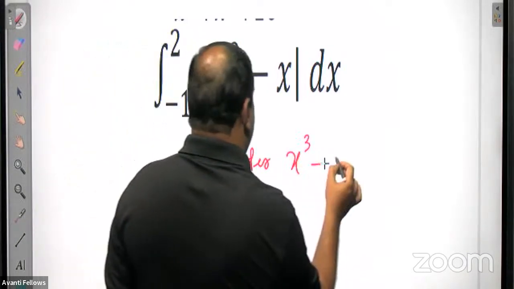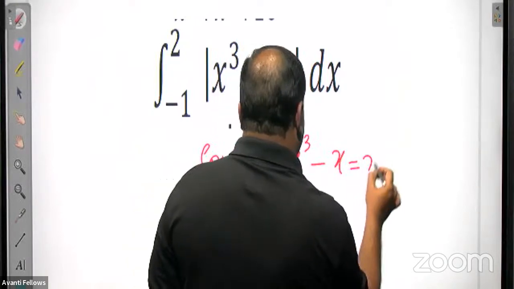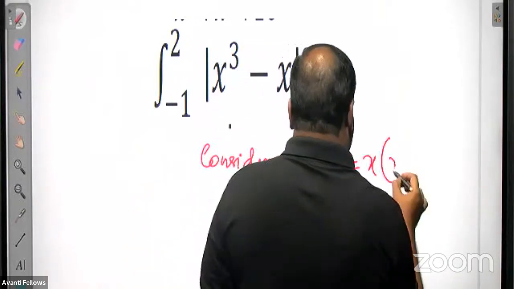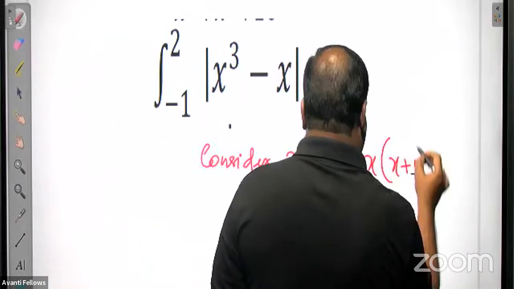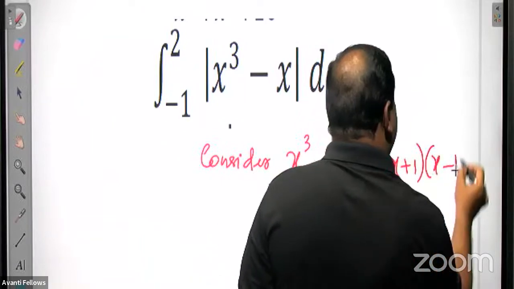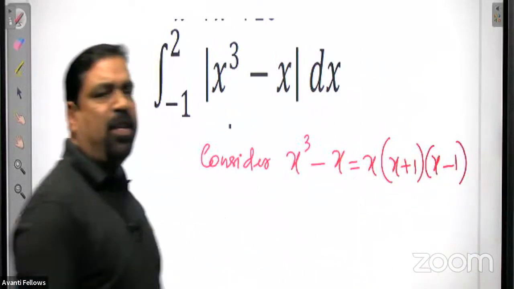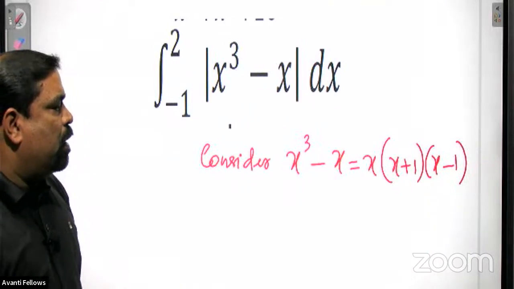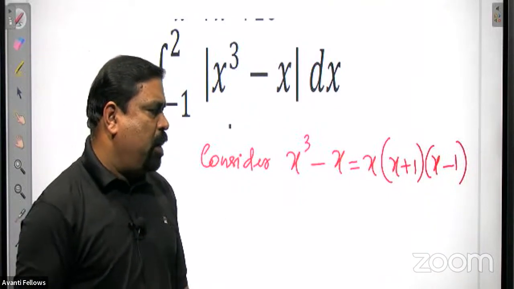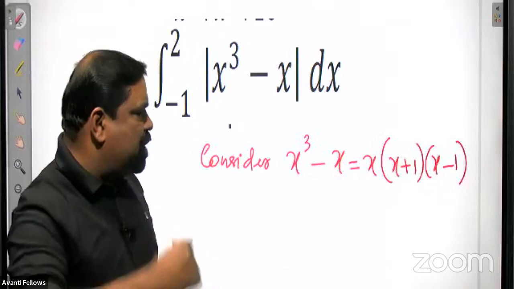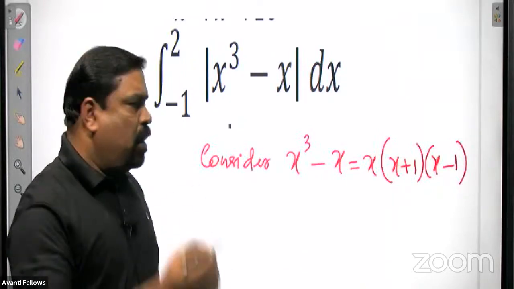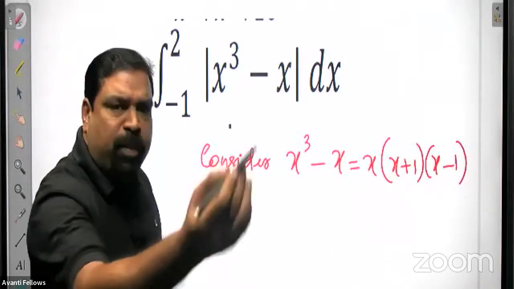So, x cube minus x can be written as x into x square minus 1. Yeah, x square minus 1 again factorized as x plus 1 into x minus 1. Okay. x cube minus x can be easily factorized as x into x plus 1 into x minus 1.